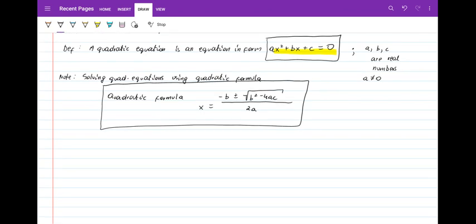Now the quantity under the square root, b squared minus 4ac, which you see under the square root, is called the discriminant.